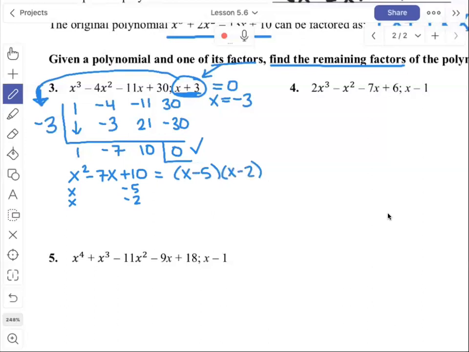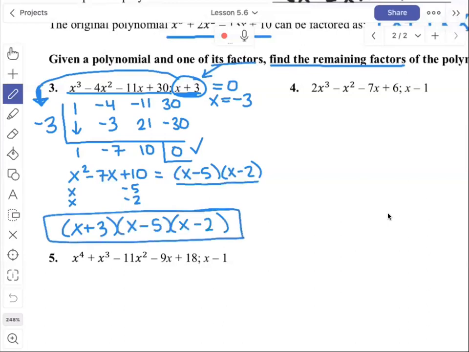So putting that all together, that means the original can be written as the x plus 3 that I had to start with times the remaining factors, x minus 5 times x minus 2. And that is my final answer. Okay, any questions about that one?